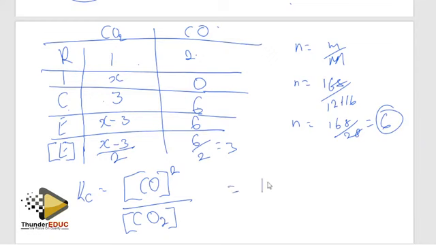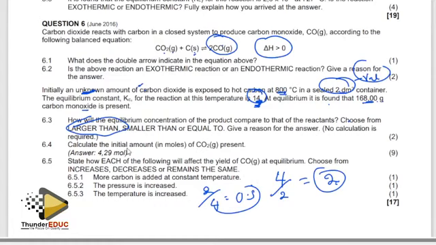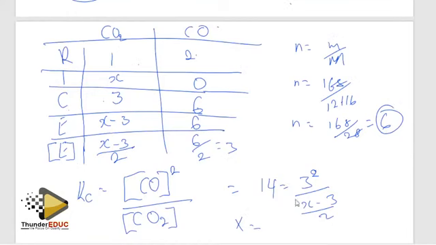Therefore Kc is 14, which is equal to 3 squared divided by x minus 3 over 2. Yes, so when you reciprocate and then solve for the x, it must give you this number they have given you here. When you calculate, it must give you that number. So basically it's gonna be that number, which is 4.29.